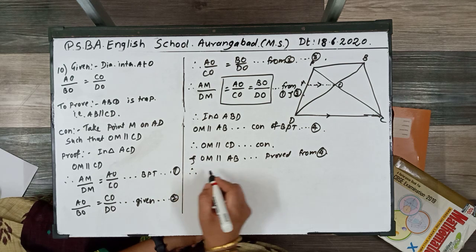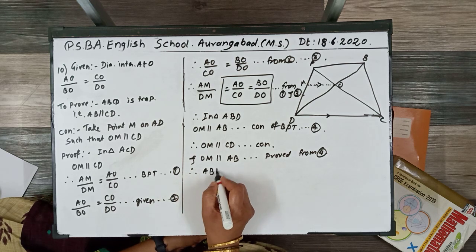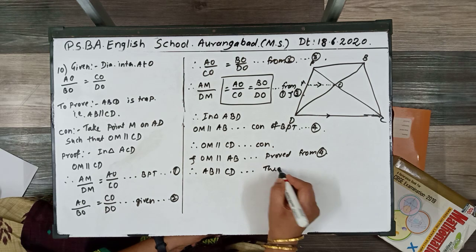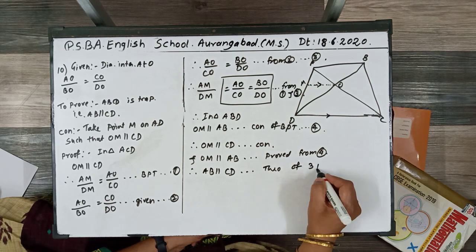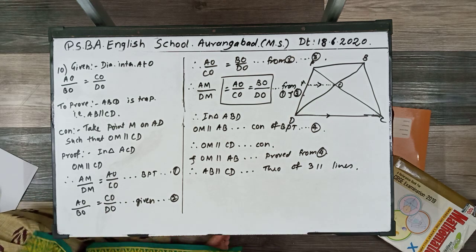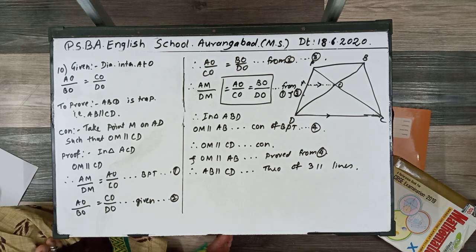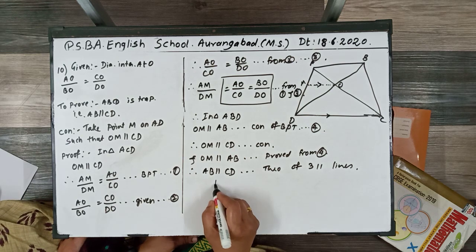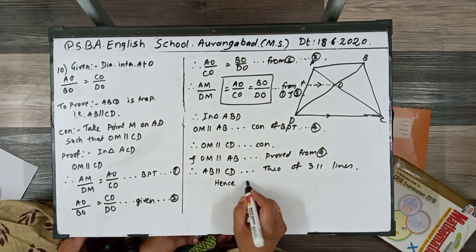Correct? Therefore AB is parallel to CD. Theorem of 3 parallel lines. So if 2 lines are parallel to the same line, then we have 3 lines parallel to each other. Hence proved.